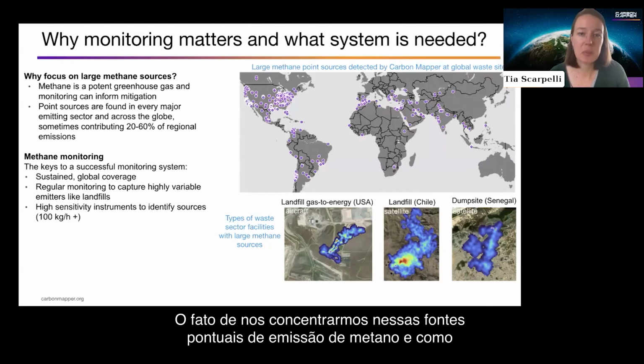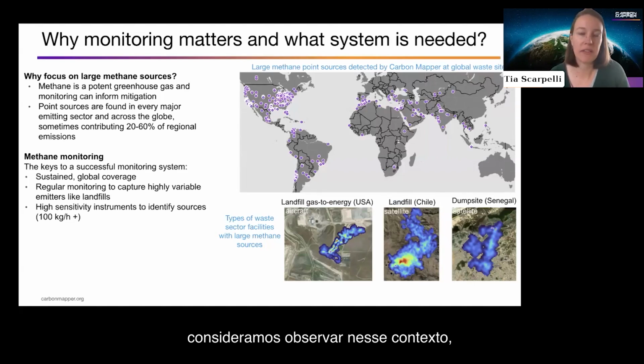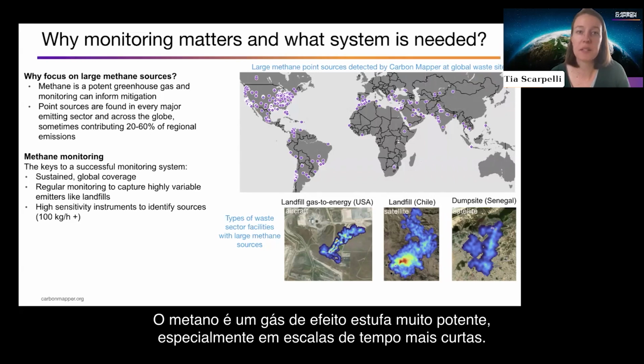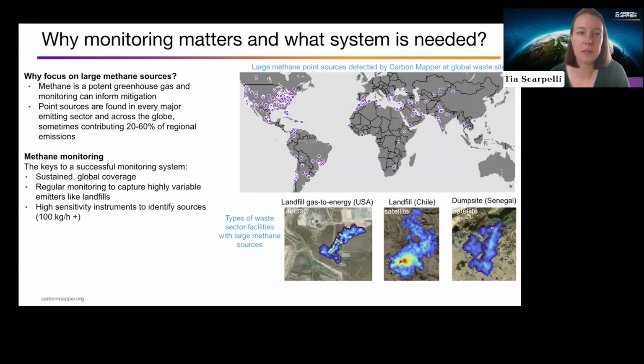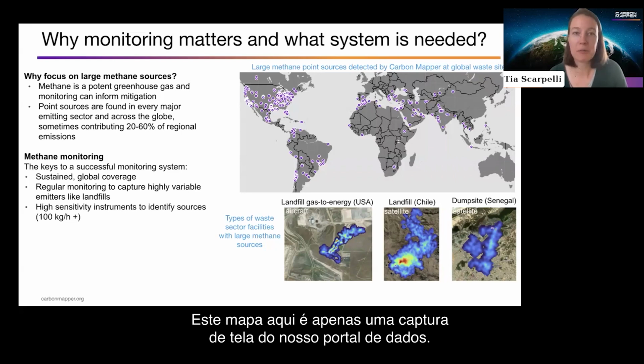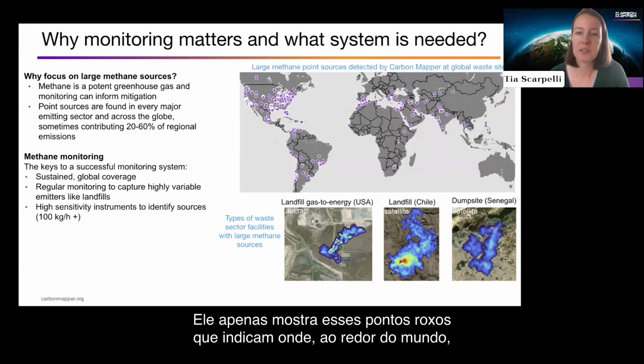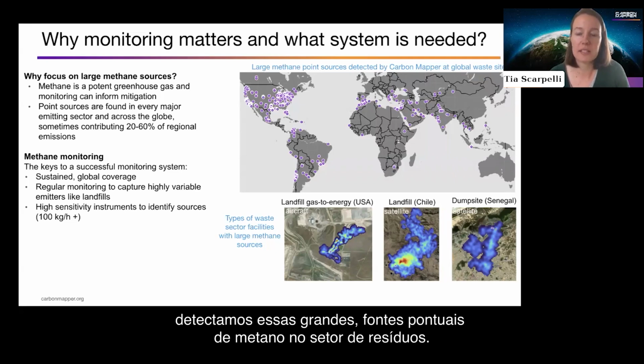Why we focus on these point source methane emitters, and how we think of observing in that context, are really important if we want to combat short-term climate change. Methane is a very potent greenhouse gas, especially on shorter time scales. This map here is just a screenshot from our data portal, so you can go and access all this data there. But it's showing these purple dots where around the world we've detected these large methane point sources in the waste sector.